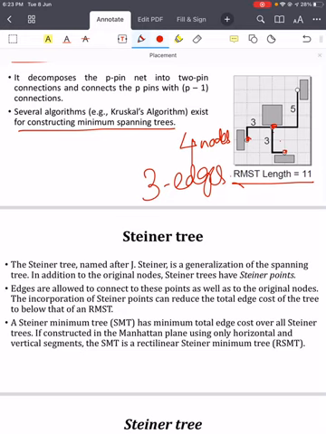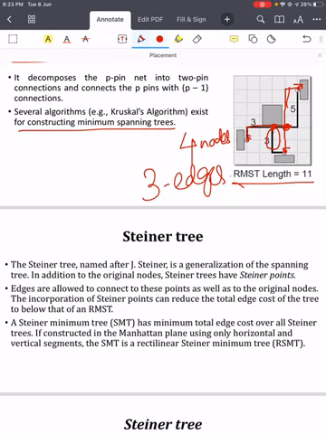A wire can branch from any point along its length. Okay, so instead of joining this thing, we can have a line like this, and we can join these two lines. So there can be a branch like this.